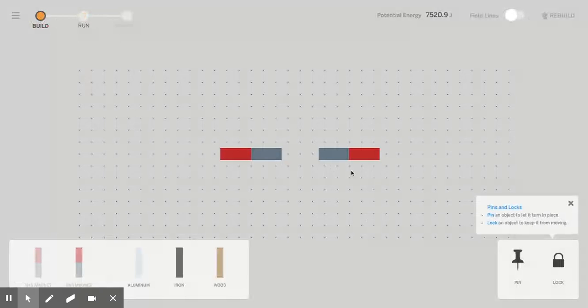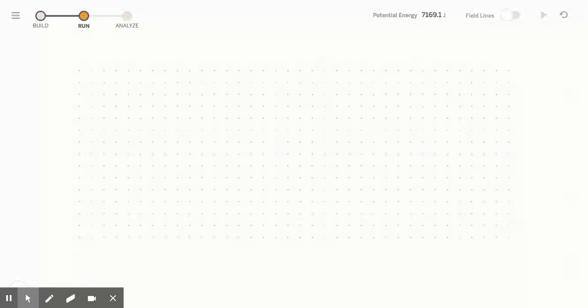So when they're closer to each other, we start off with 7,520.9 joules. And then when I run the simulation, and they move apart, the potential energy drops. I wonder why that is. Maybe they're just as far apart as they can get and they're not moving anymore, but I'm not sure about that. I think we need to do one more test.